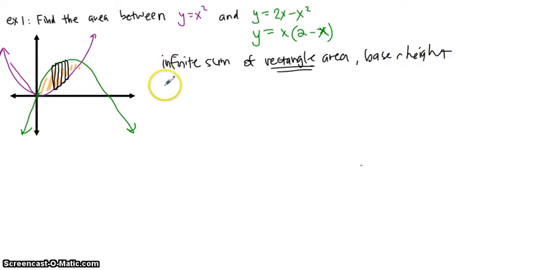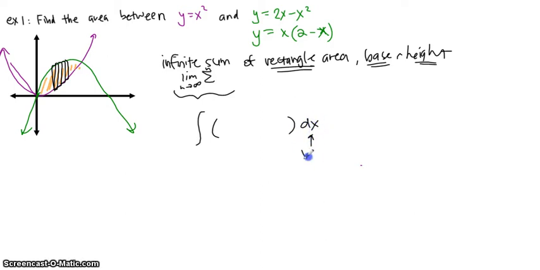Now don't forget the infinite sum, or the limit. It's a Riemann sum, but the limit as that sum goes to infinity, we've now figured out is the definite integral. So we're going to find an infinite sum of base times height. Now what is the base of these rectangles? It's going to be my delta x, which will become dx. So this is the base, and I want to multiply it by the height of the rectangle here.